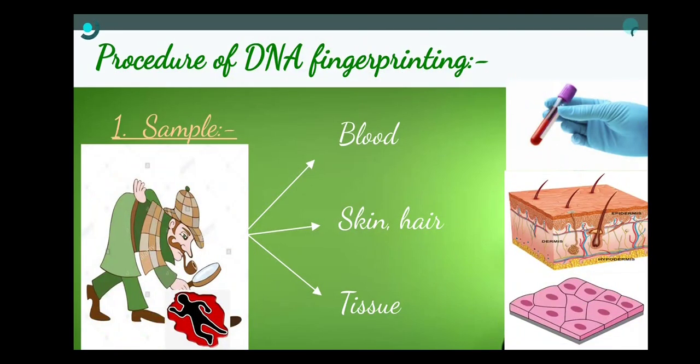So for the isolation of DNA, first of all we collect the sample. Sample can be blood, skin, hair, or tissue. As we know, if you see in a movie or real life, in cases of accident or a spot death, there must be a chalk boundary. Chalk is for confining the particular area where the dead body was found.